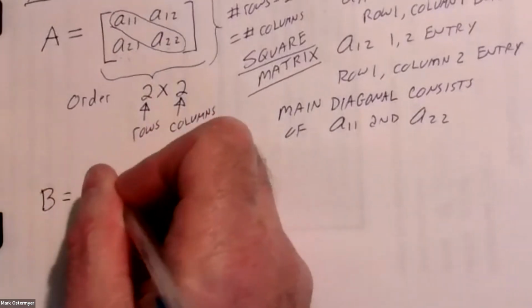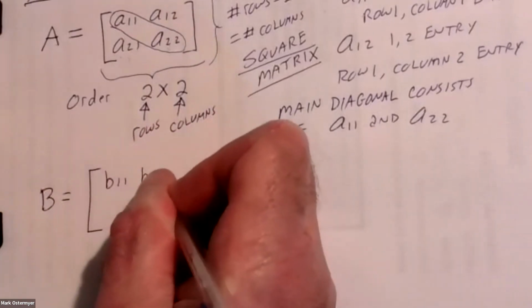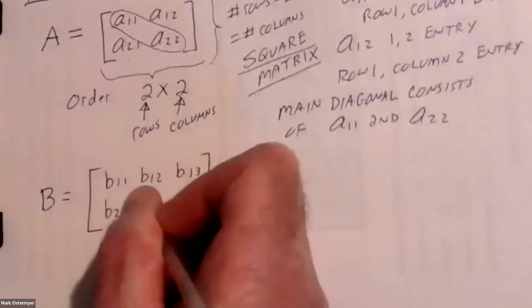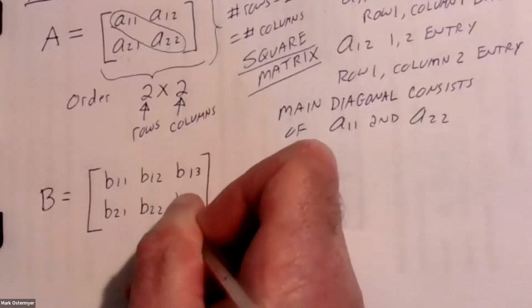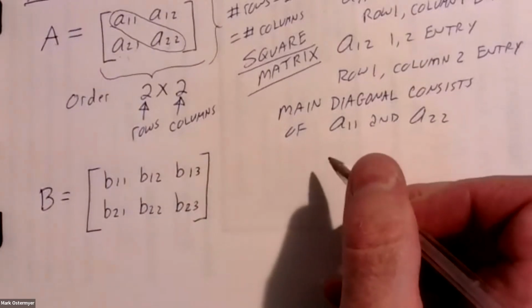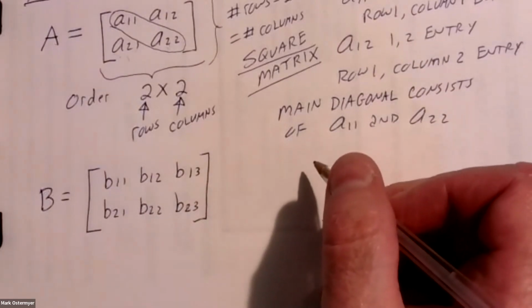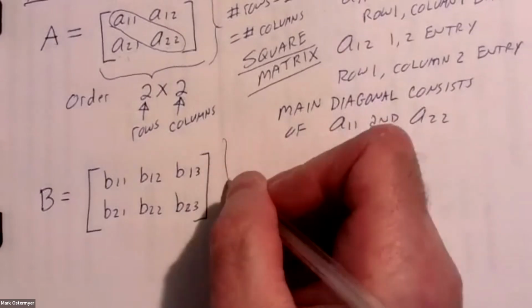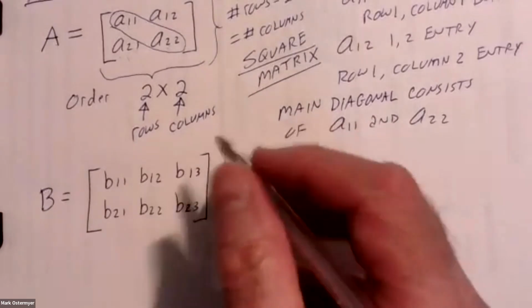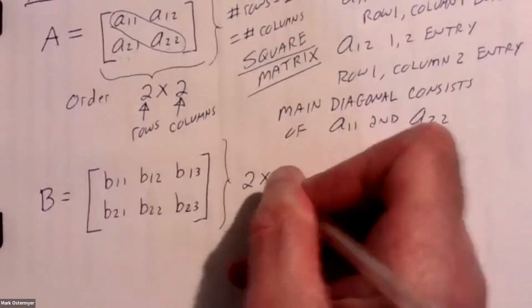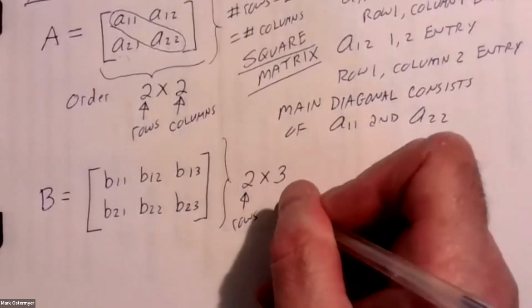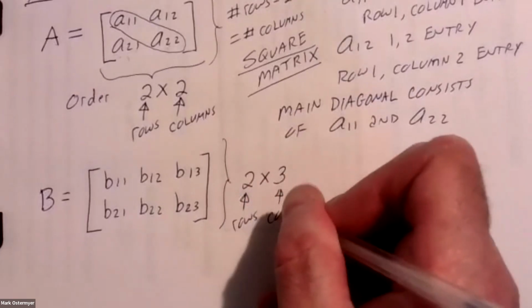Here's a matrix. All right, what would be the order of this matrix? How many rows by how many columns does this matrix have? It's 2 rows by 3 columns. So this is a 2 by 3 matrix. 2 rows, 3 columns.